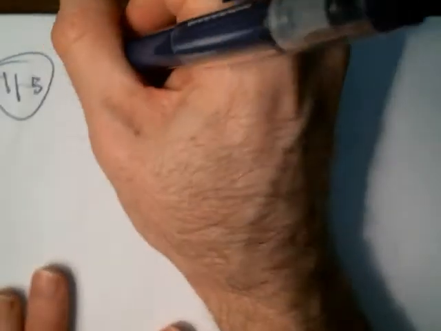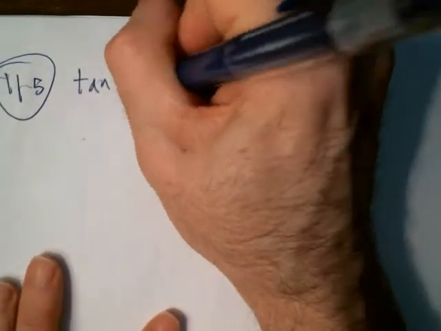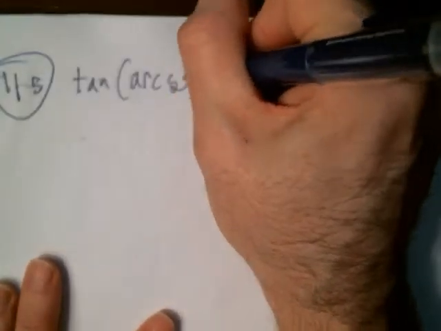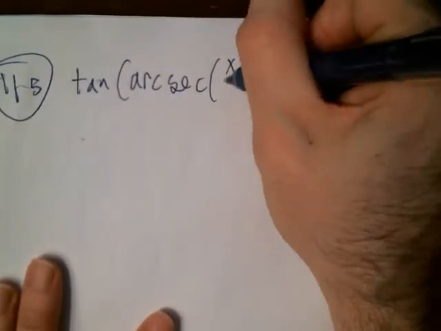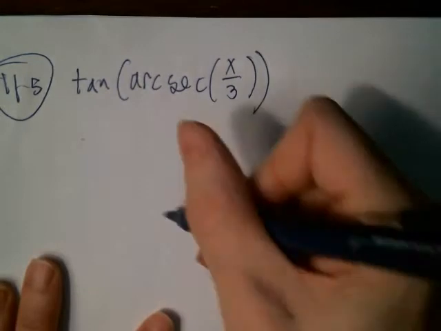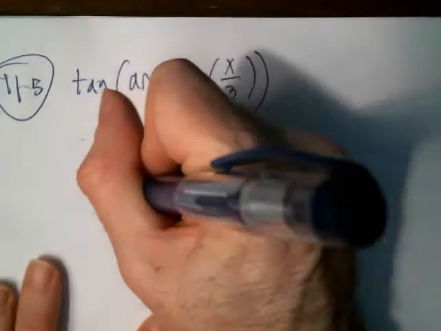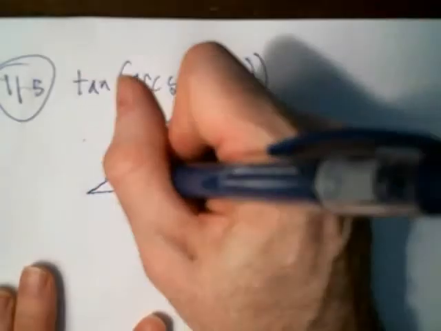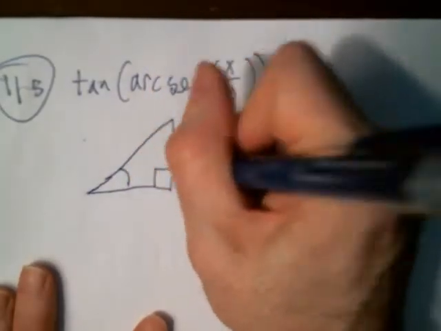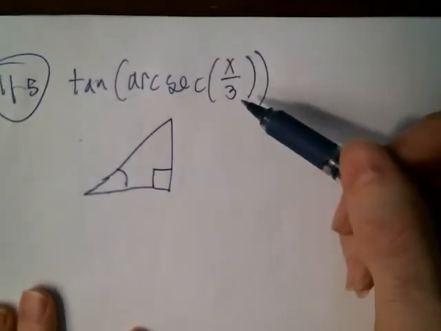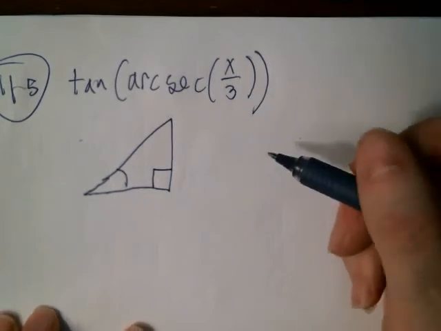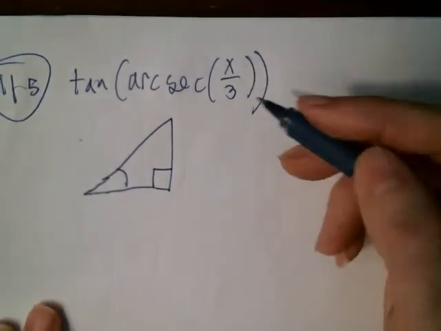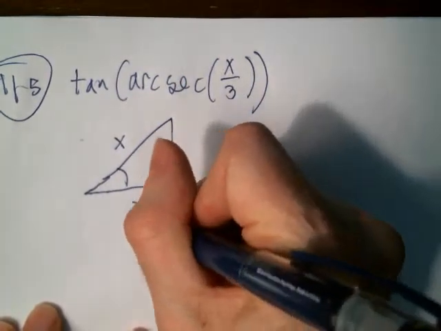115, here we have tan of arcsecant of x over 3. Okay. So we'll use arcsecant of x over 3 as our angle here. Secant is 1 all over cosine, so that would be hypotenuse all over adjacent.